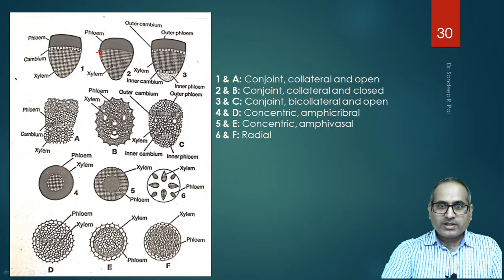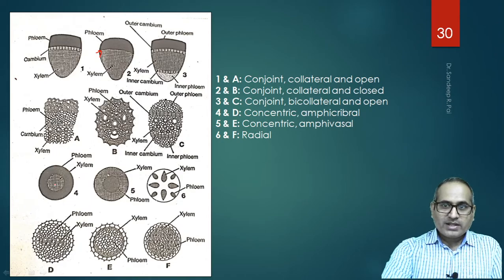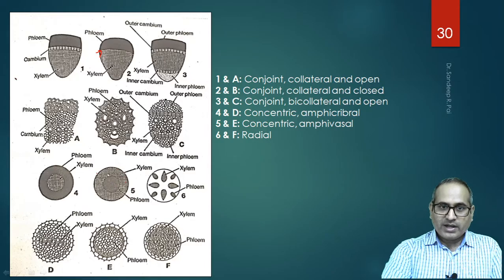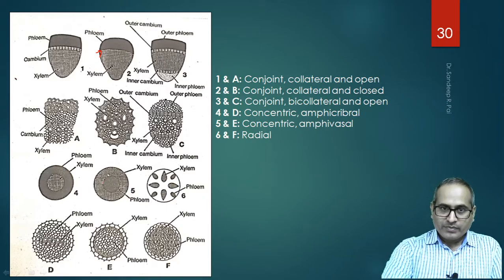So in case of concentric type, when phloem is outer and xylem is in the center, we call it as amphicribal. When the phloem is in center and xylem on the outer side, it is called as amphivasal.